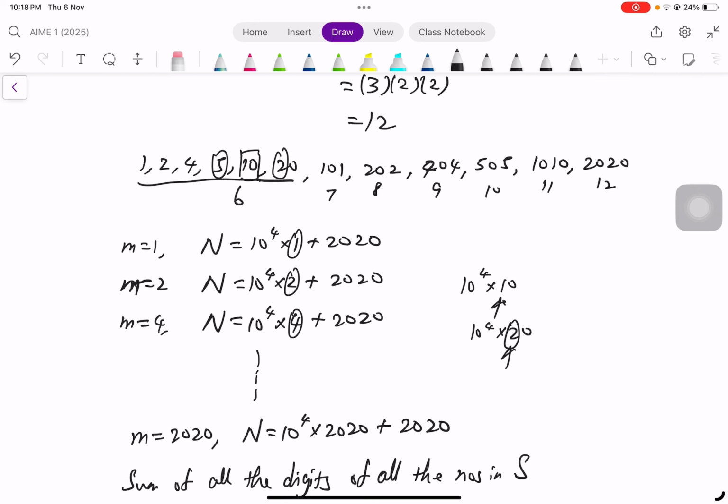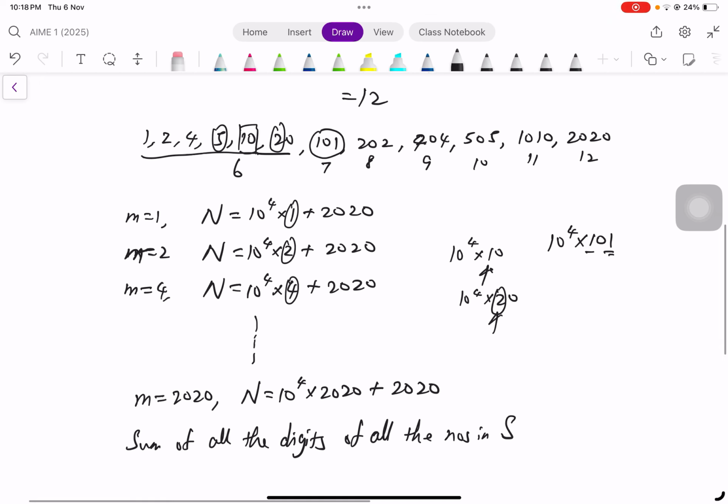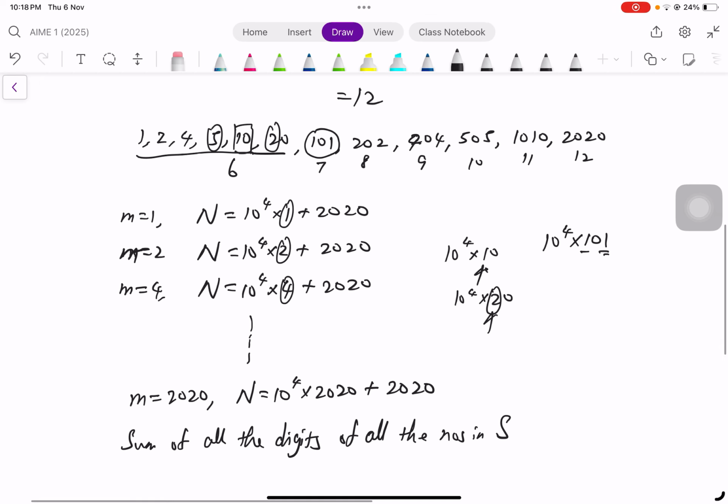Then after that you look at 101. That means it's 10 to the power of 4 times 101, and you count these two digits. Then you look at 202.